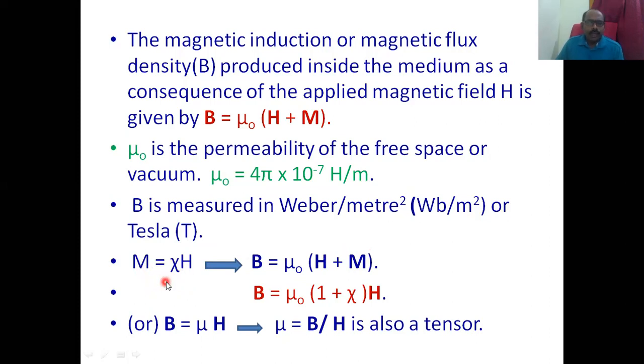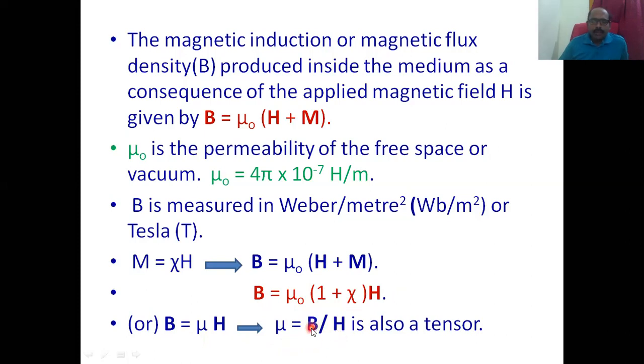By substituting this M value in the above equation, we get mu naught H plus mu naught times Xi H. Therefore, taking mu naught as common, B is equal to mu naught times 1 plus Xi into H. We write this product as mu, so B is equal to mu H. From this equation, mu is equal to B bar by H bar.